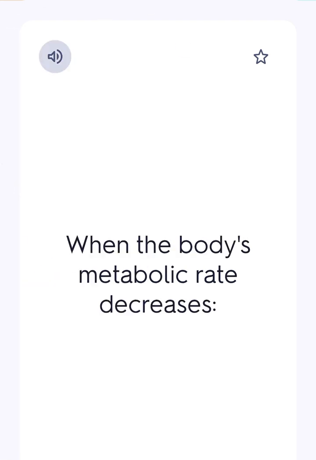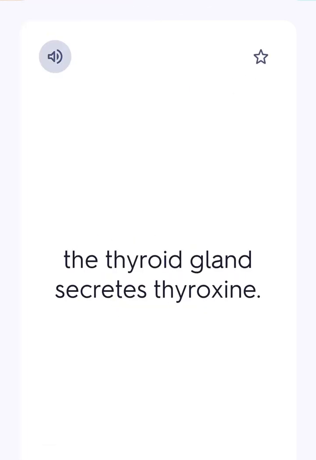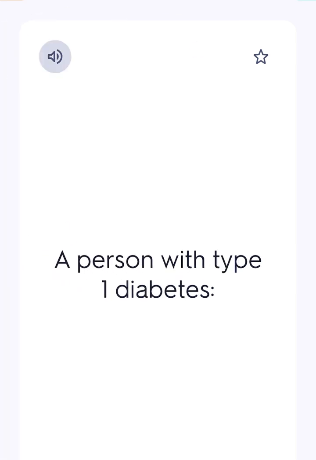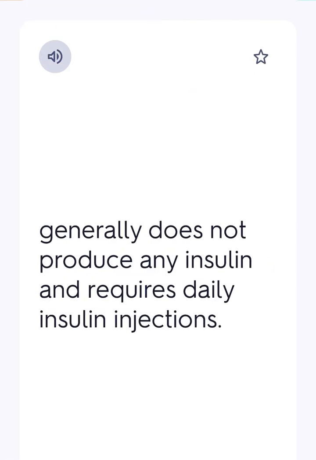When the body's metabolic rate decreases, the thyroid gland secretes thyroxine. A person with type 1 diabetes generally does not produce any insulin and requires daily insulin injections.